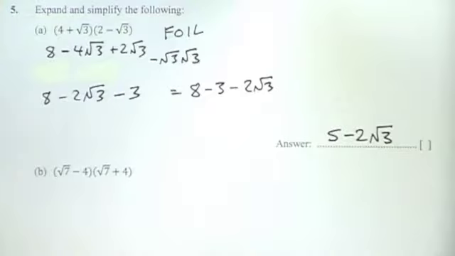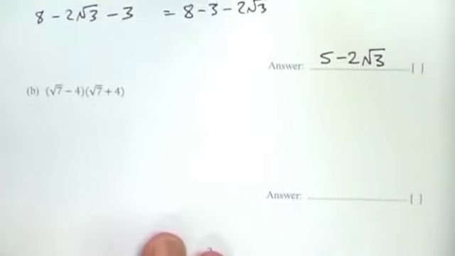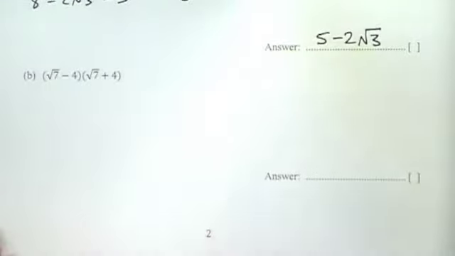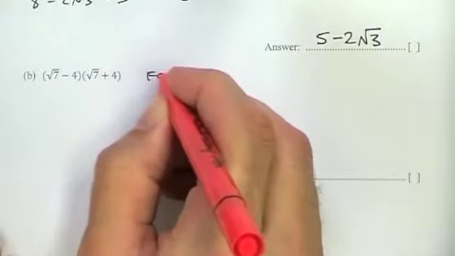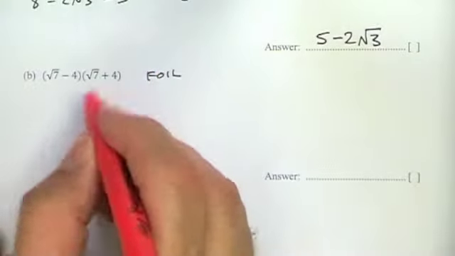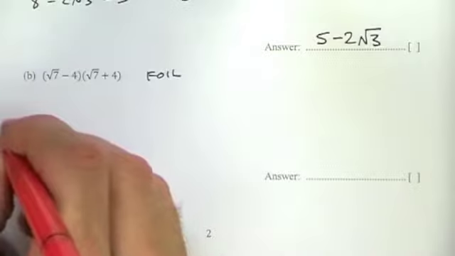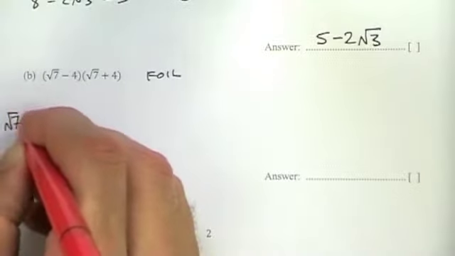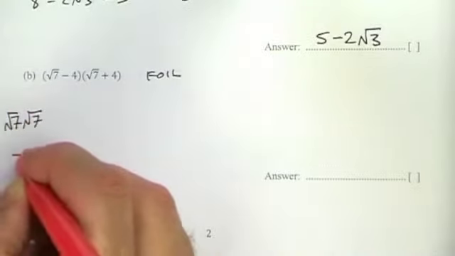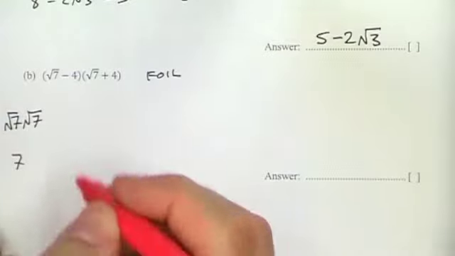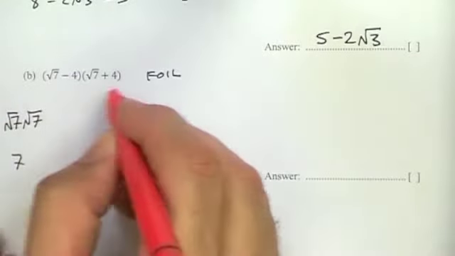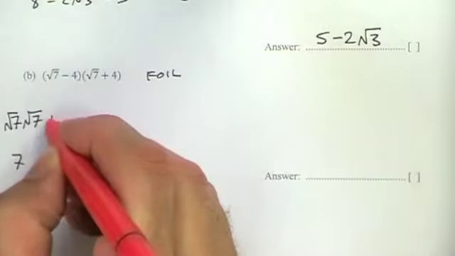If I have a look at the next one, part B, again I'm going to be using FOIL. So the first terms are root 7 times root 7. You can either write that as root 7 times root 7, or some of you will just write that as 7. The outside terms give me 4 times root 7.